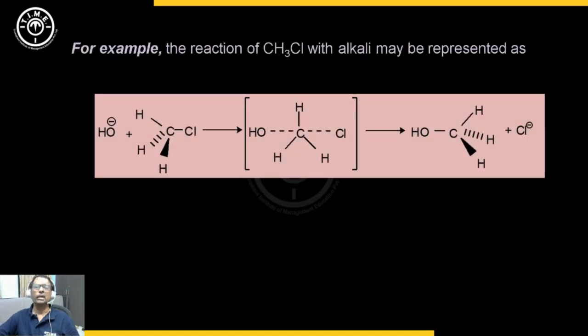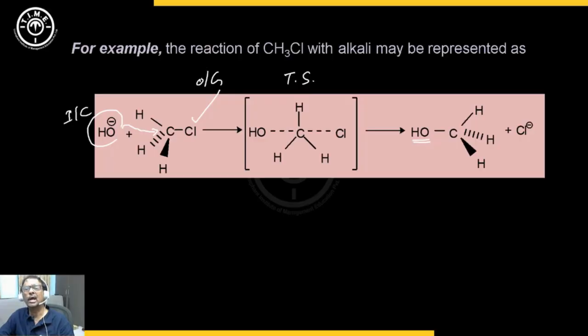Now, we are representing this SN2 like this. This is the transition state. It's not an intermediate. In SN2, there is no intermediate. The OH minus has attacked this carbon from the rear side and therefore will have a position opposite to what chlorine had. That is, chlorine is the outgoing nucleophile. So the incoming nucleophile is not occupying the same place where the outgoing nucleophile was. It is occupying a place opposite to that of the outgoing nucleophile.